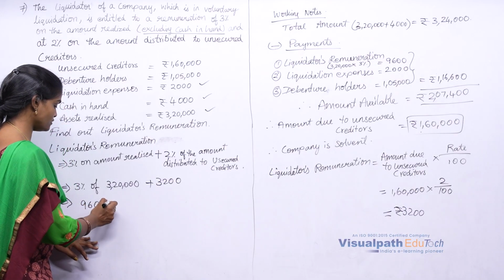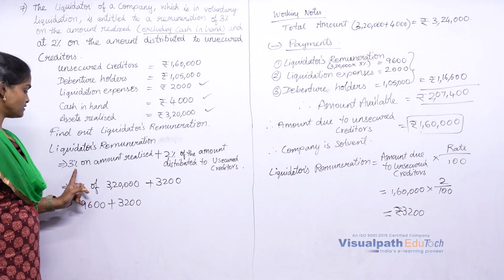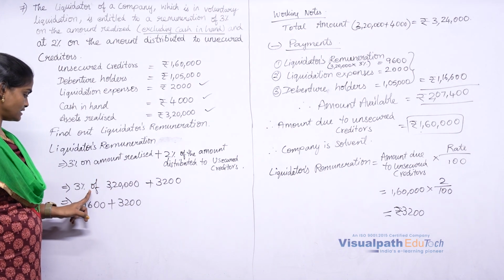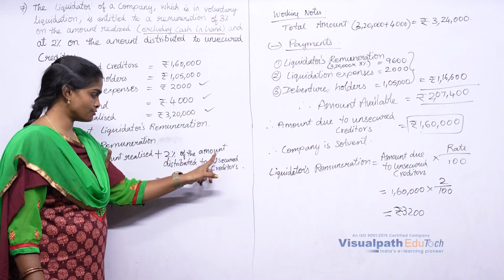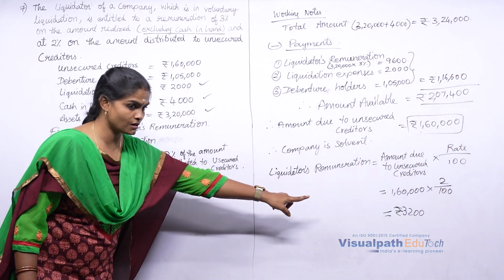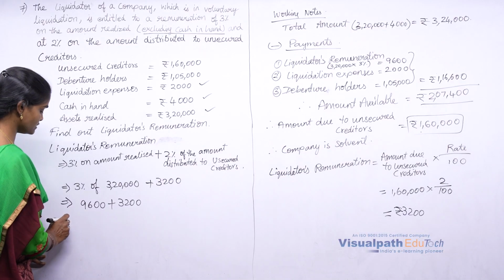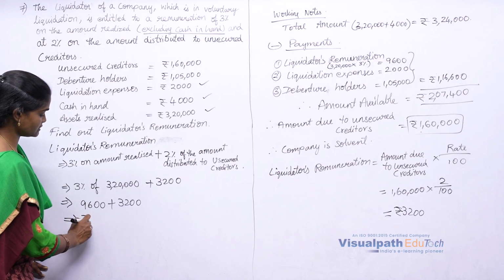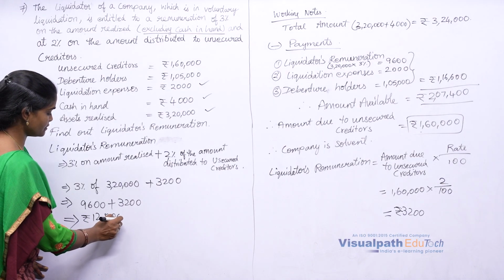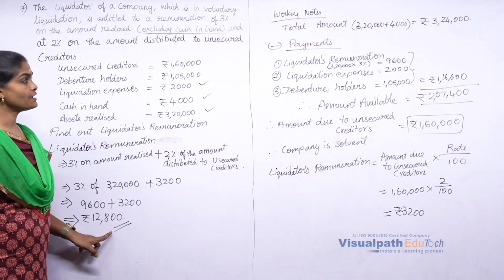See, 3% of amount realized is 9,600 and 2% of amount distributed to unsecured creditors, which we have calculated just now, is 3,200. So 9,600 plus 3,200 will get rupees 12,800. So therefore, liquidator's remuneration is 12,800.